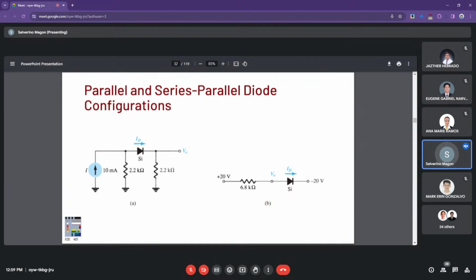I don't have the calculation for this, but you can perform circuit analysis here using KCL and Ohm's law as well, no? Or KVL and Ohm's law. So just provide the current for this as equivalent to the current across the resistor and that of the diode.